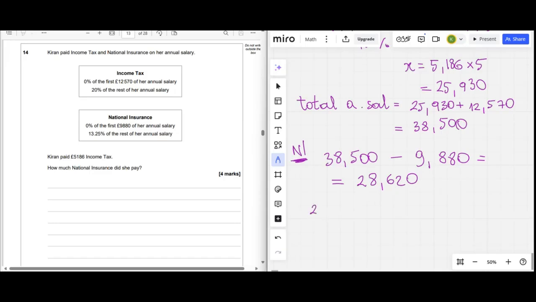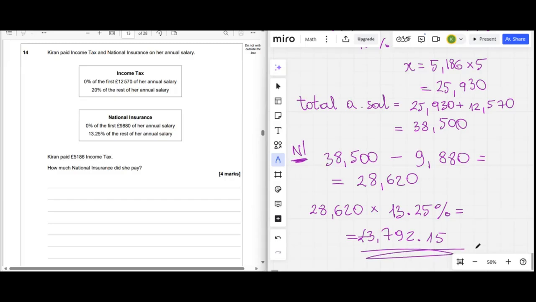And now this amount times the percentage for national insurance, being 13.25%. Can you calculate this for me, please? 3,792.15. Yes, exactly. Pounds.